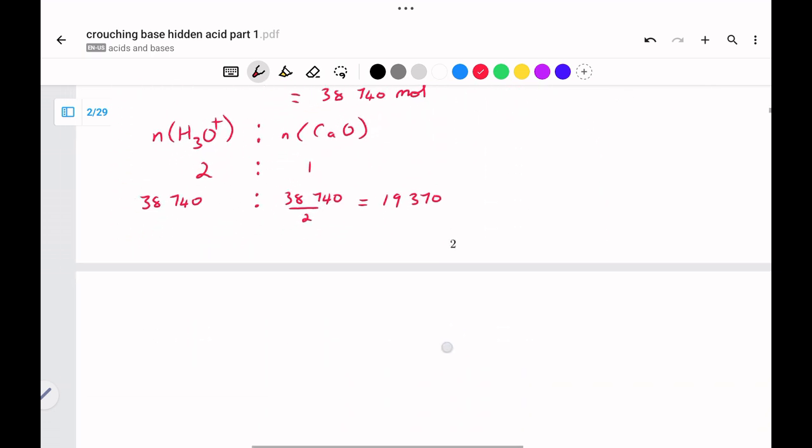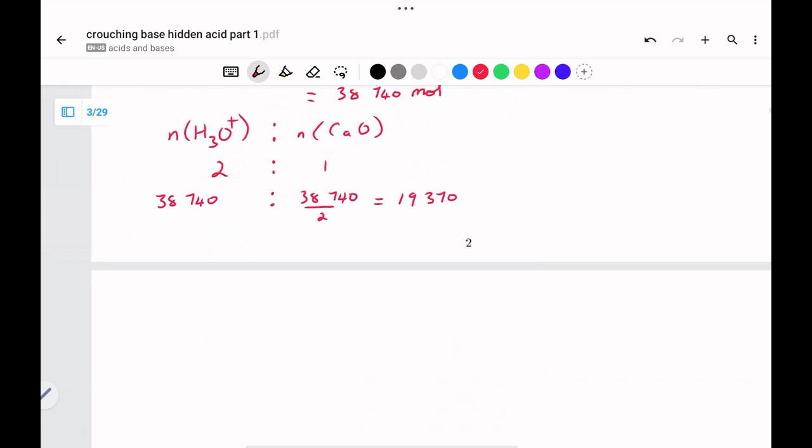Right, almost done. So now that we have the moles of the calcium oxide, we want to find the mass, so let's use this formula. Let's find the molar mass of calcium oxide. This is 40 for the calcium and 16 for the oxygen. So we have 56 grams per mole.